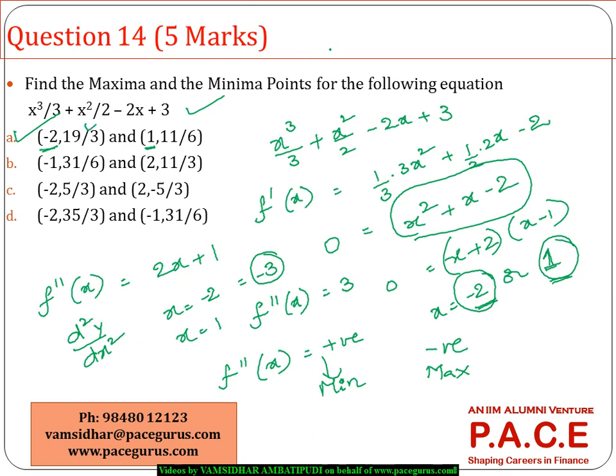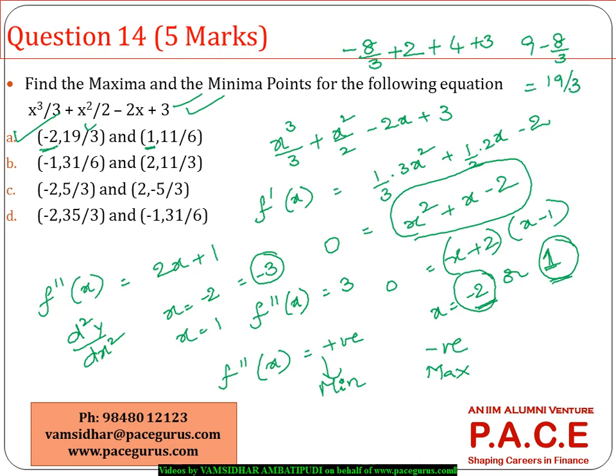Substitute minus 2 into this expression. X cube by 3 gives minus 8 by 3, plus x squared by 2, minus 2 squared is 4 by 2, which is 2, minus 2 into minus 2 plus 4 plus 3. So 9 minus 8 by 3 working out to 19 by 3.